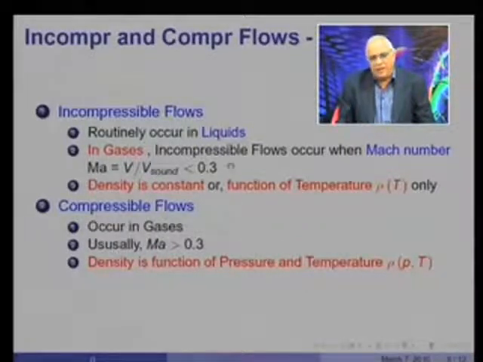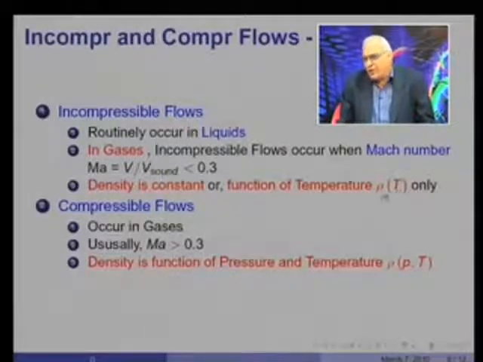There are applications like in gas turbines, combustion chambers, and in turbines where you do have situations where Mach number could exceed 0.3, but then we are not at the moment concerned with such extreme situations. What is implied in an incompressible flow is that the density is either constant or it is a function only of temperature. If it was a forced convection situation, of course, the density variation with temperature would be very, very small. But if it's a natural convection, then the density variations would be significant.